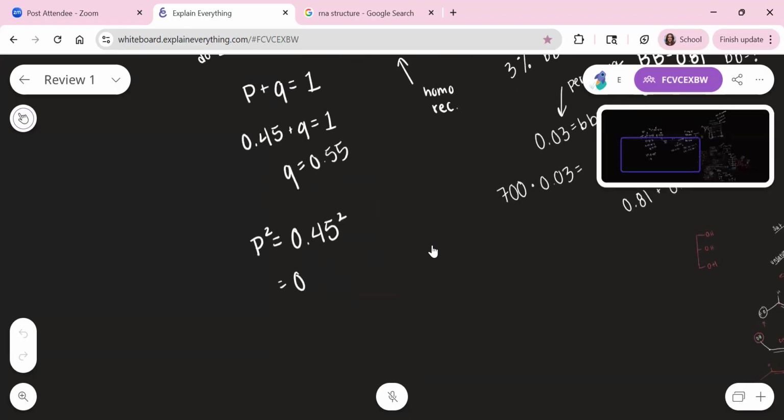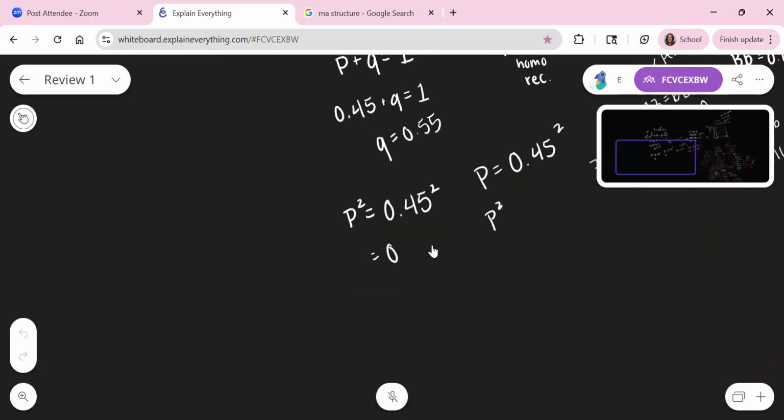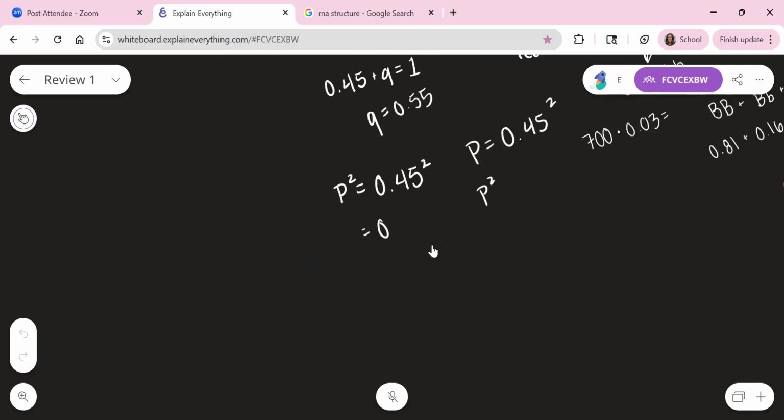No, because if we have P equals 0.45, we want to know what P squared is. So we have to square our P value. Does that make sense? Okay. So I have this written down: 0.2025. That is what our P squared is equal to.